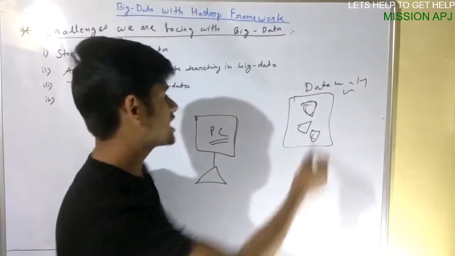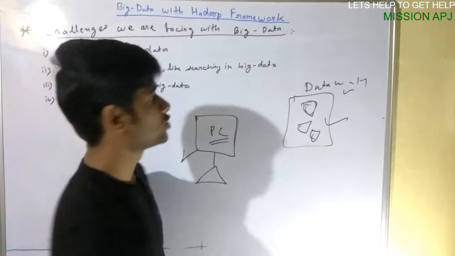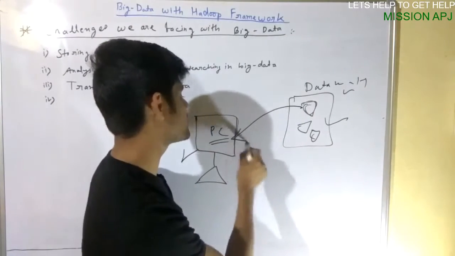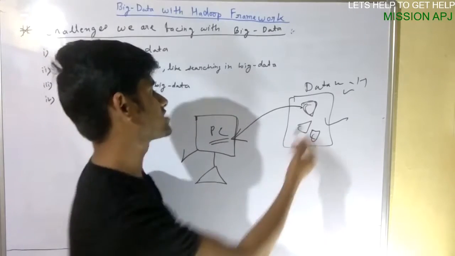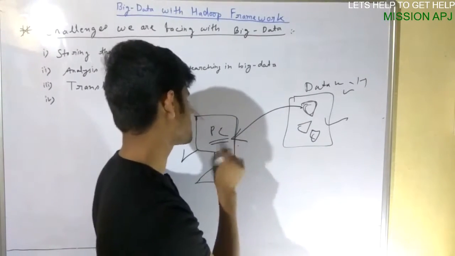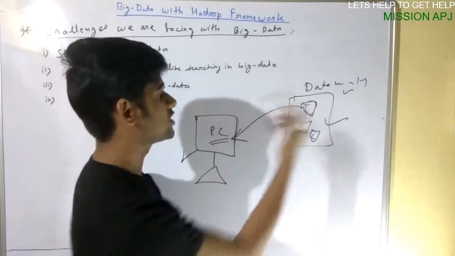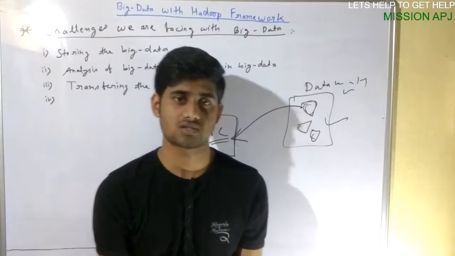So data is somewhere else and your machine is here. You need to take that much data to your local machine and then process it. Again it is very difficult to bring that much data to the local machine, analyze it and then get the output. Whenever you require it again, you will need to transfer that much. So it's a very difficult task.